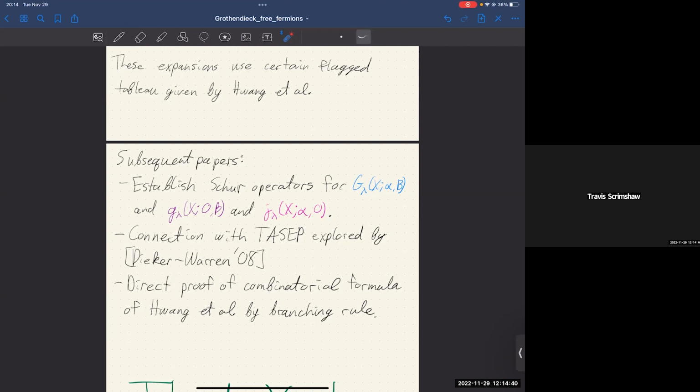But in his case, he originally just did it for all the beta parameters equal to a single value, and alpha is 0. We've been able to extend them for the canonical Grothendiecks for alpha and beta being fully refined, as well as the dual case, but we need one of the sets of parameters to be 0.